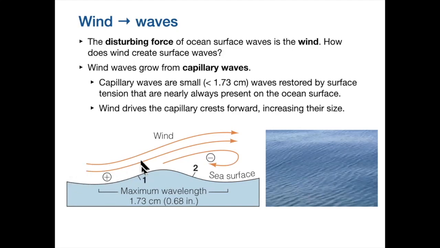If the wind's coming left to right in this image, it is now pushing against an upward face on this side, so we have increased pressure on this side, and then the wind comes up and over, and it actually creates an area of low pressure on the downward side. Both of those, the positive pressure and the negative pressure, work to grow the wave. And as the wave grows, the amount of this pressure difference increases.